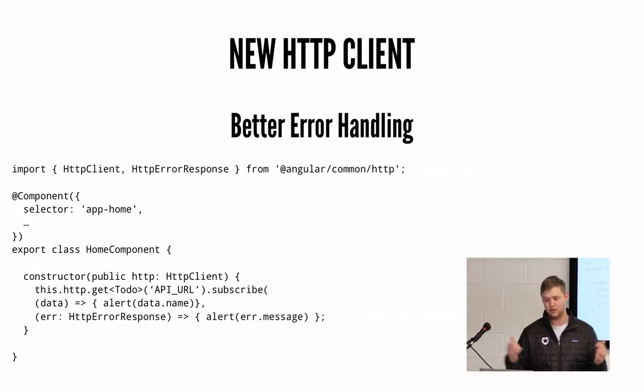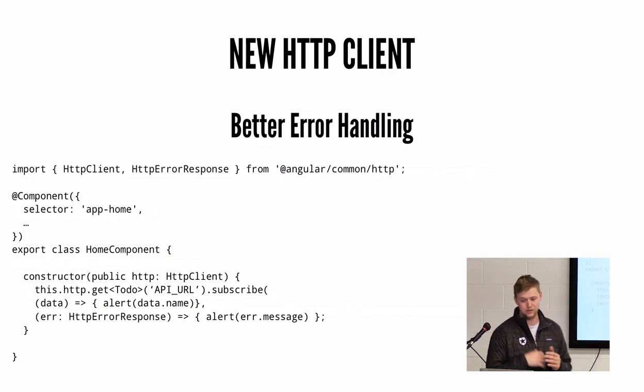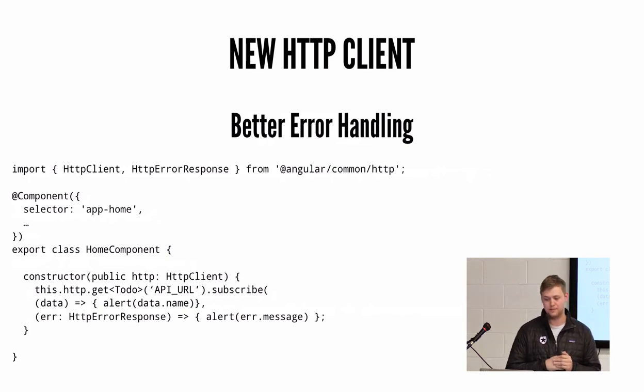And then the other, last big thing that the new library introduced was much better error handling. Basically they introduced this new HTTP error response that you import the same exact way. And now when you subscribe to that observable, to that HTTP request, the first parameter you pass in is your data. You can act on it if everything is good.